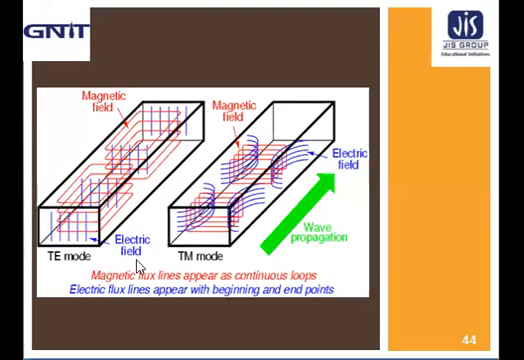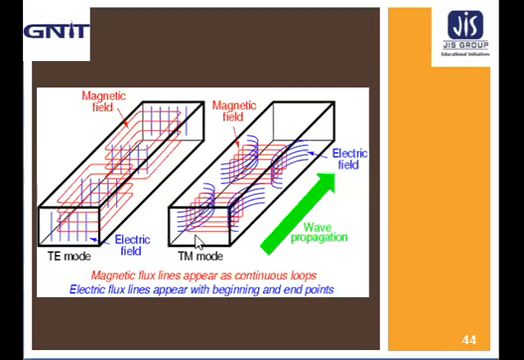The wave is propagating in this direction, and the electric field is perpendicular to that direction of propagation. The blue part is the electric field and the red part is the magnetic field. Here the magnetic flux lines appear as continuous loops.